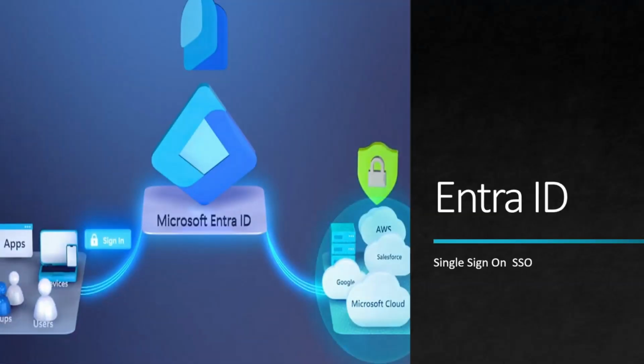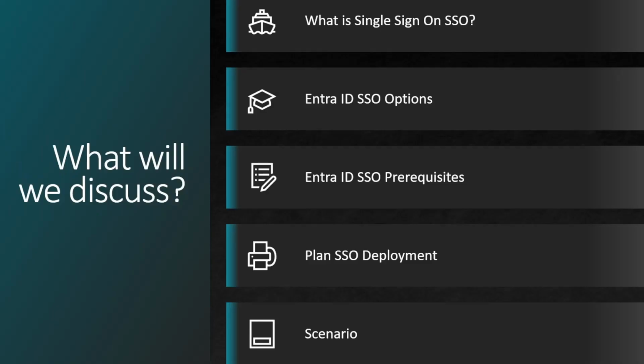So in today's video, we are going to be looking at Entra ID Single Sign On, or SSO. So let's get started. How are we going to be discussing this? First of all, we're going to be looking at what Single Sign On or SSO is. We're then going to look at the Entra ID SSO options.